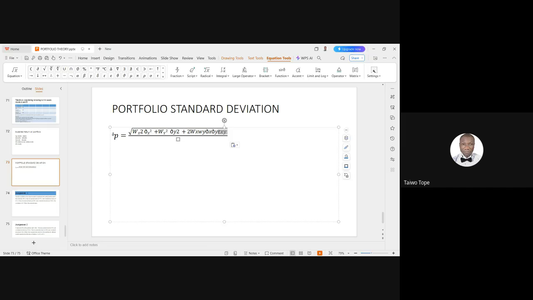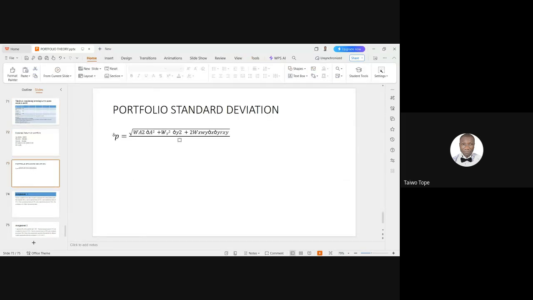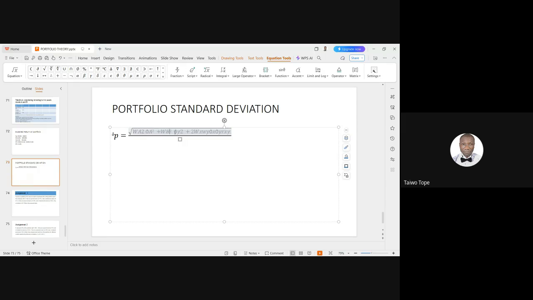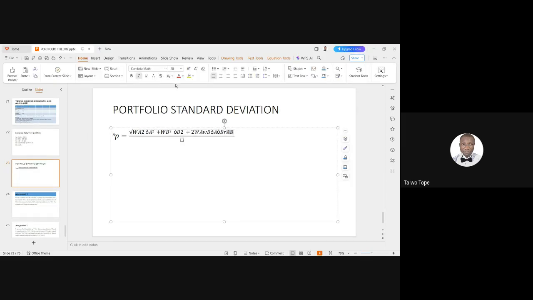This will change to A, this will change to B, and so on, so the correlation changes to RAB.